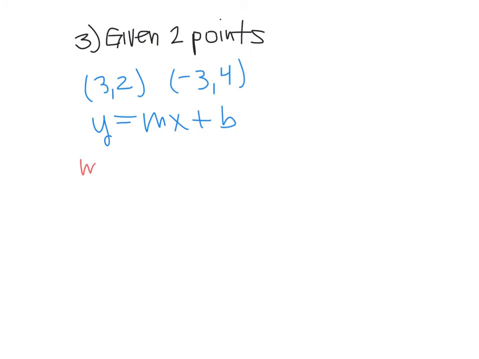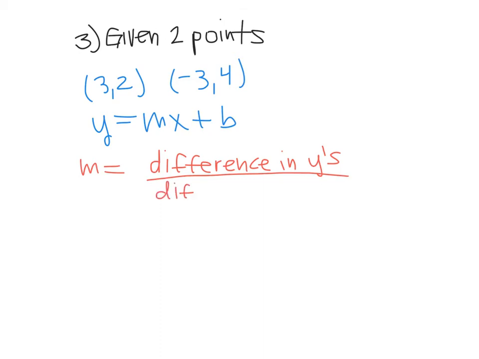So remembering that the slope is the change in y over the change in x, we are going to calculate that slope based on the difference in y, which gives us the change going from one point to the next. So the difference in the y values that were given over the difference in the x values.